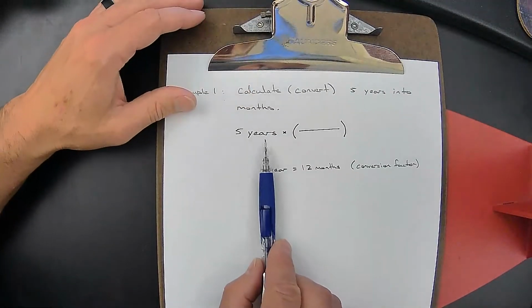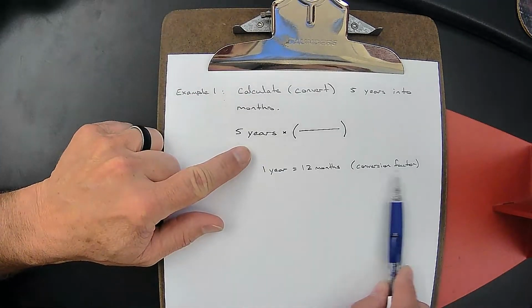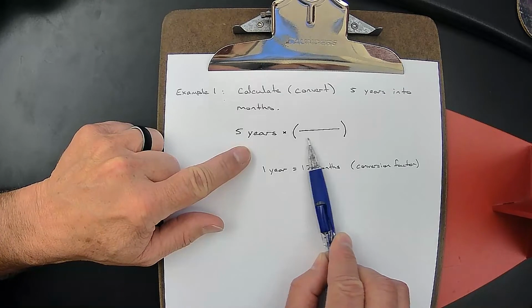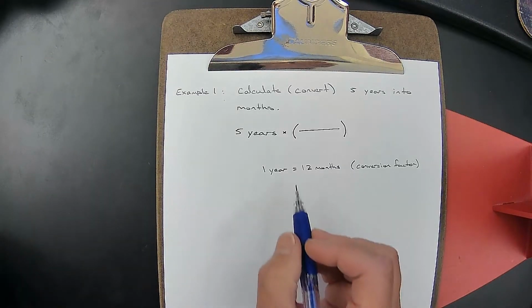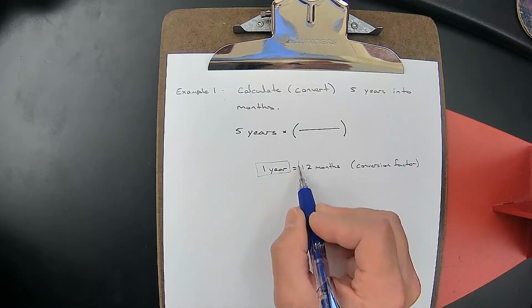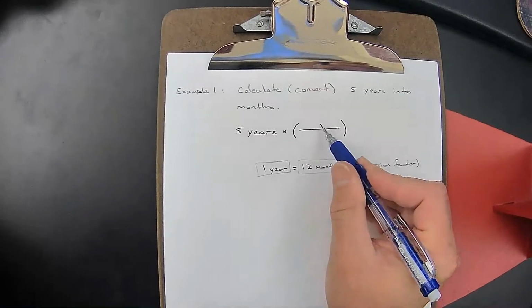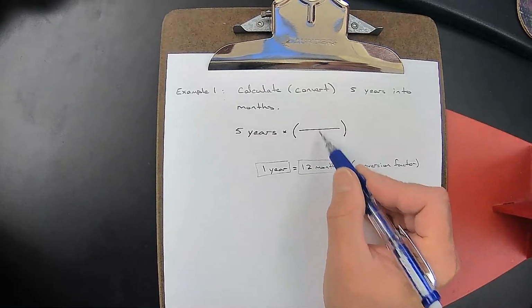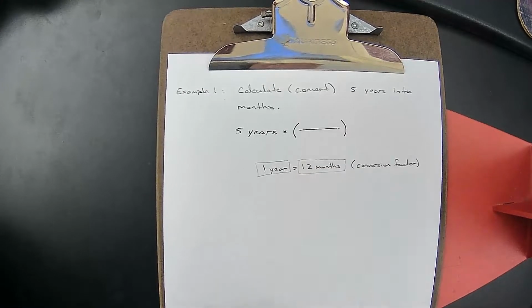Because I'm starting with years right here, from my conversion factor, I'm going to match those units and put it on the bottom. What I want you to notice is there's 2 sides to the conversion factor, a left side and a right side. There's also 2 empty spots in the empty fraction. So one side goes to the bottom, one side goes to the top.